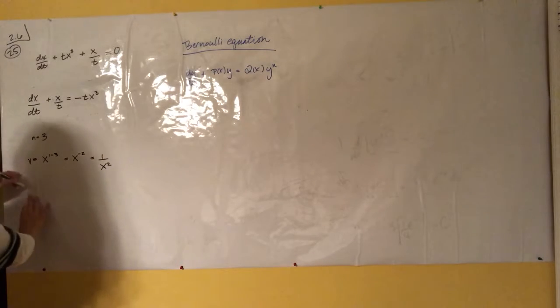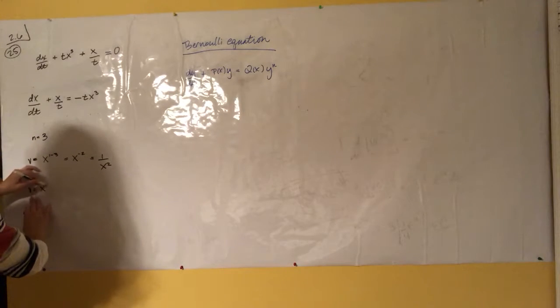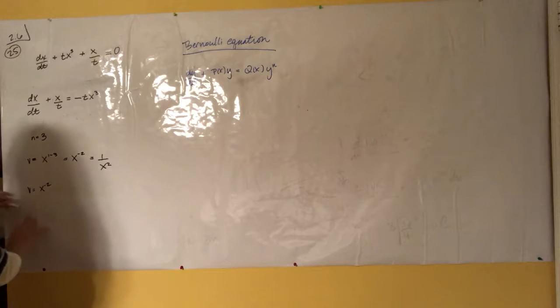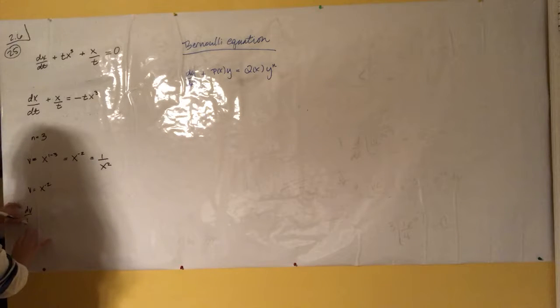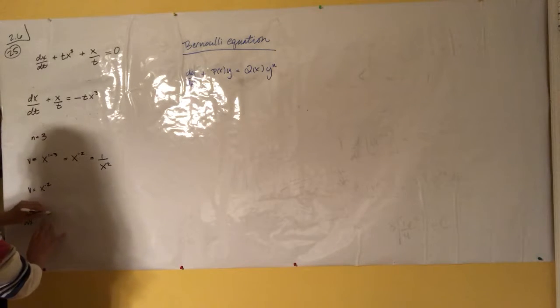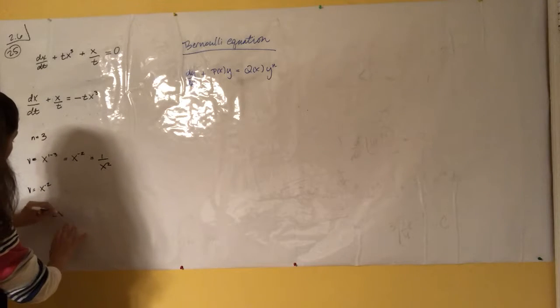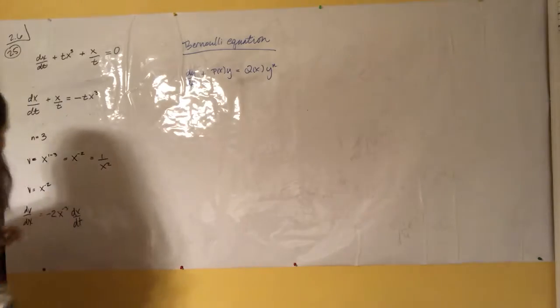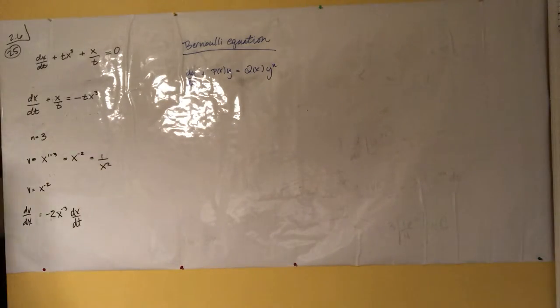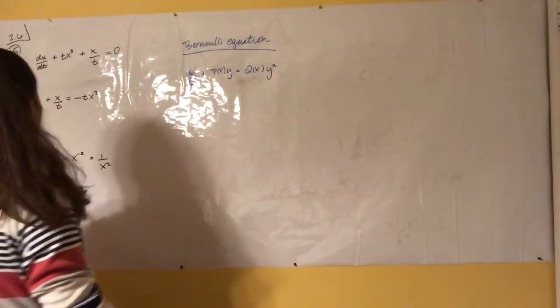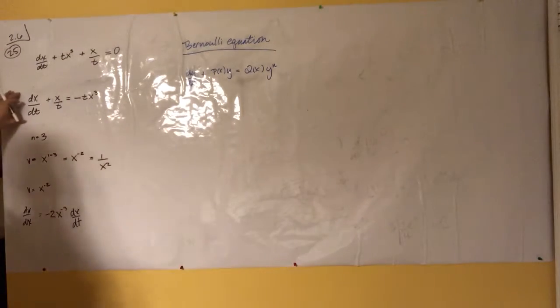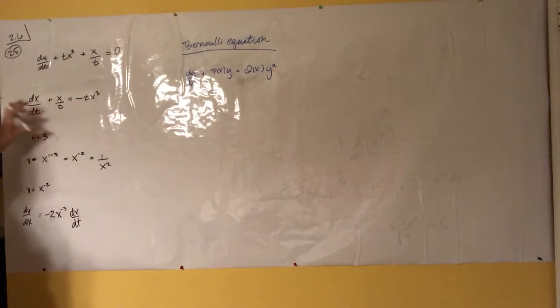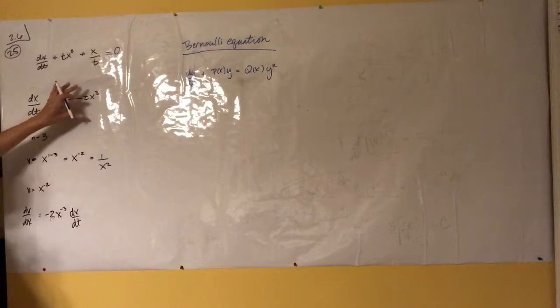So v, again, is x to the negative 2, and then dv/dt is equal to negative 2 x to the negative 3 dx/dt. And we're going to use that later to substitute. Okay? So now what we want to do is take this whole equation and divide everything by x to the third power.